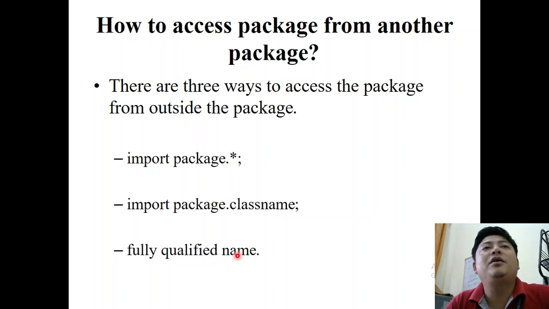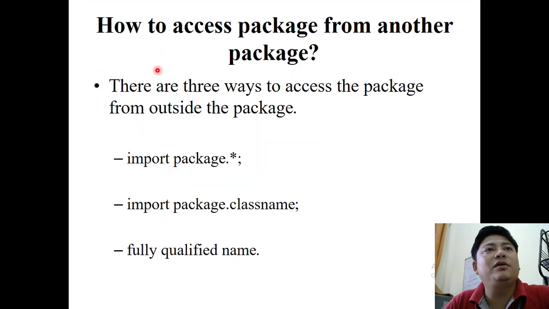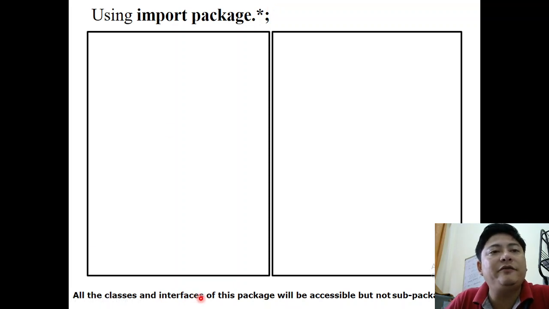In short, if you want to access the classes of my package from a package located in some other location, then you have to use the keyword import, which can be used in different ways. The first way is using import package.*. Star means all, so all the classes and interfaces of this package will be accessible.